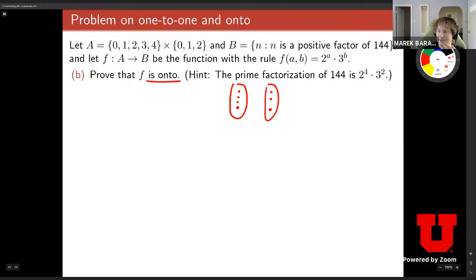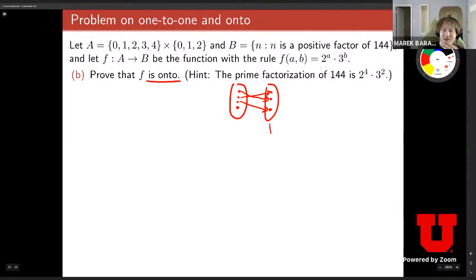So Lance says each element in the codomain is also in the domain. That's not quite right. What we actually want is that every element in the codomain has an element mapped to it.